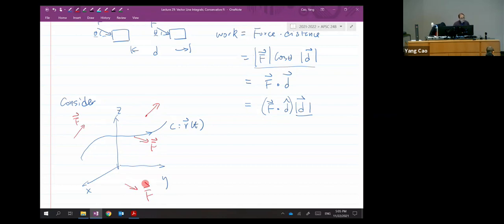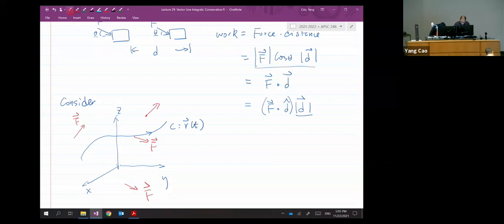At a different location, you might have a different vector representing the vector field. At this location it points that way with this magnitude, at a different location it points in a different direction with a different magnitude. So it's much more generic and complicated.